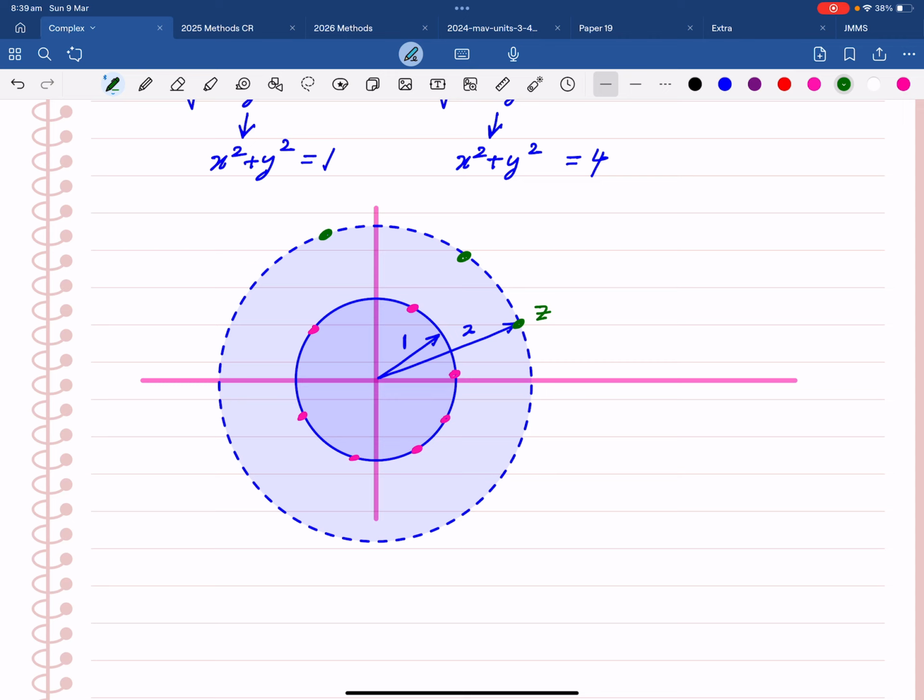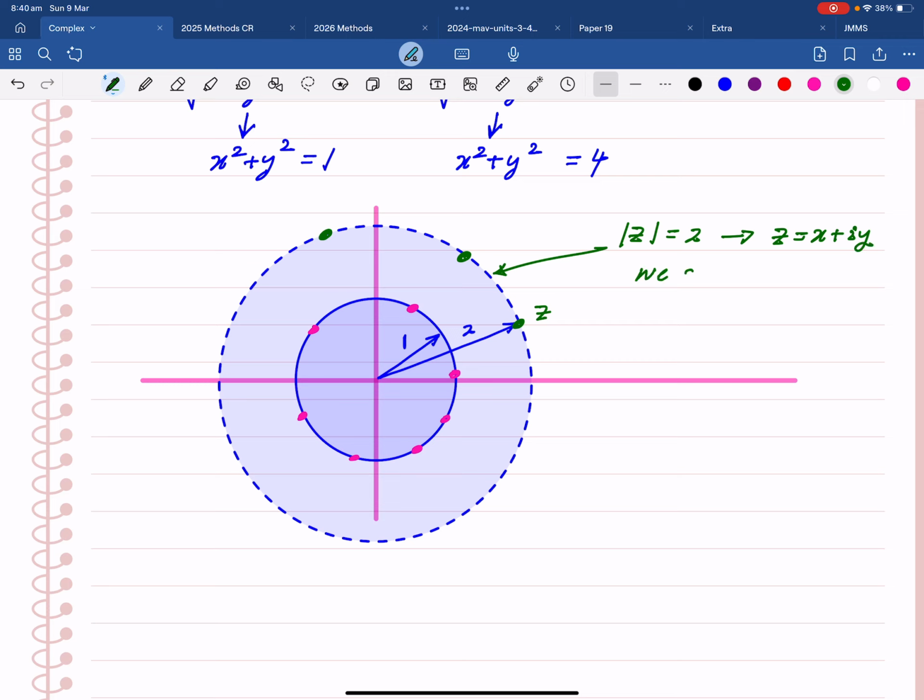So now, if you think about that, how many z values you are expecting? So we understand z mod is equal to 2, right? Now in here, z is x plus iy, right?